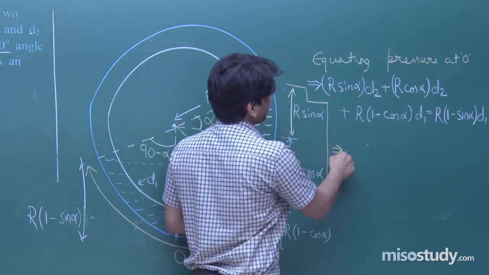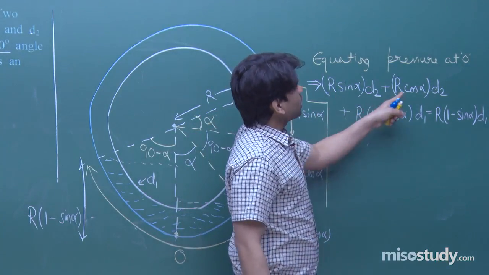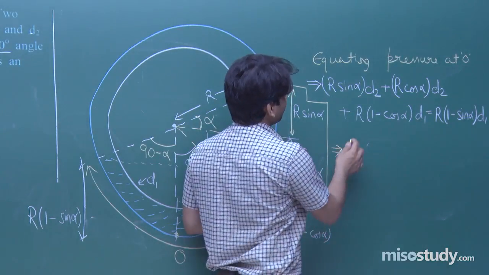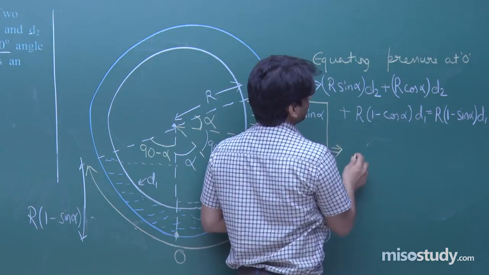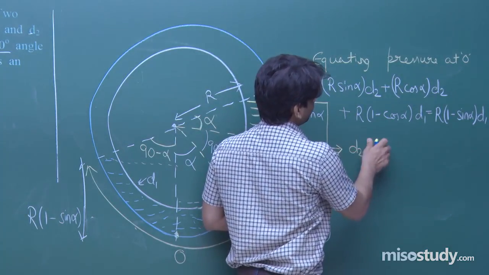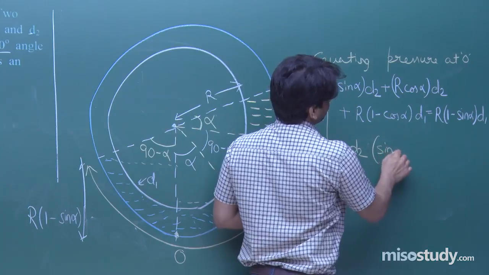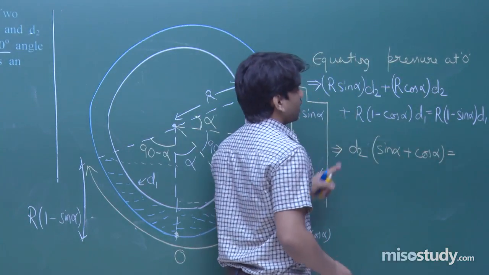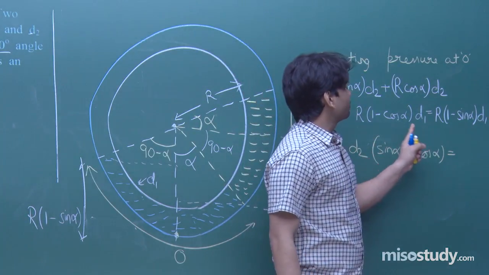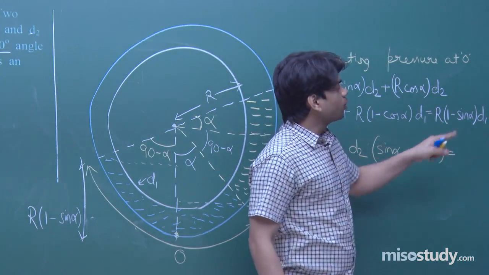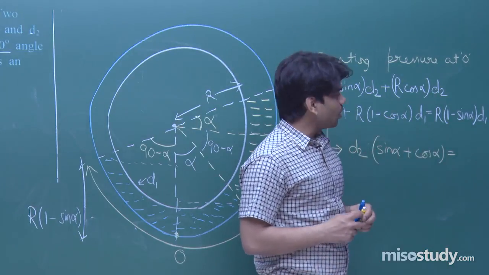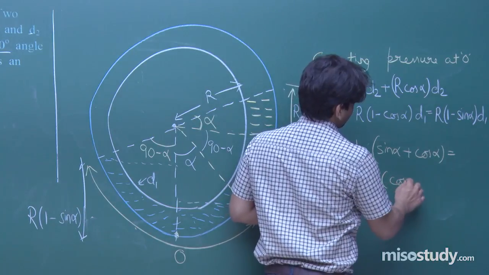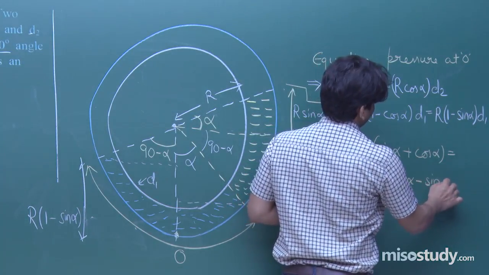From here onwards, let's go ahead. R sin α D2 plus R cos α D2, and here you have D1 and D1. If I take D2 as common and R is cancelled out, we have D2(sin α + cos α) equals D1(1 − cos α) terms, where the 1 and 1 cancel out, and you get cos α − sin α.